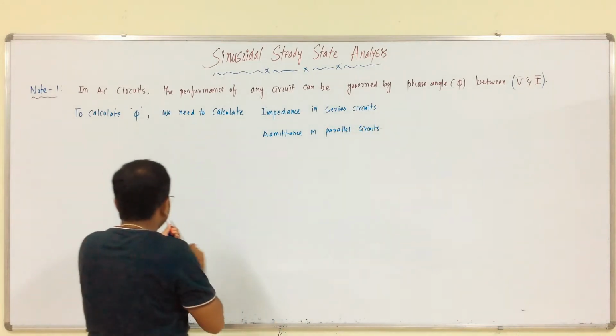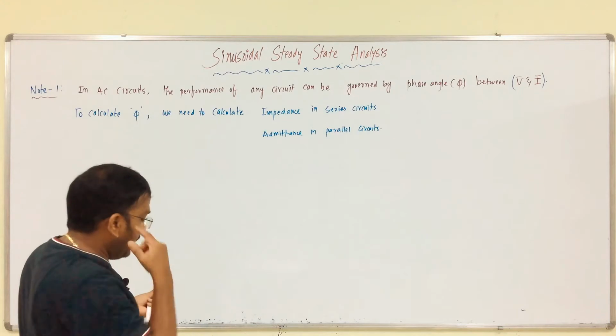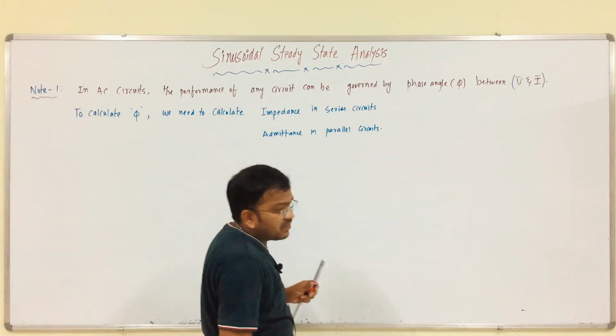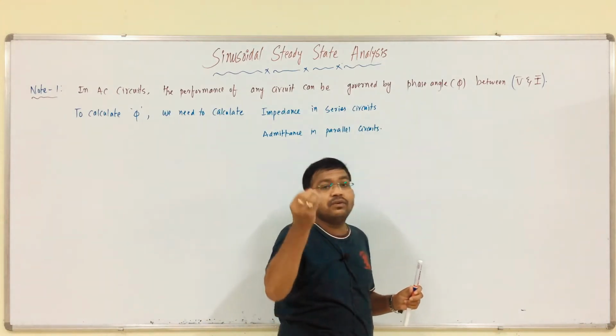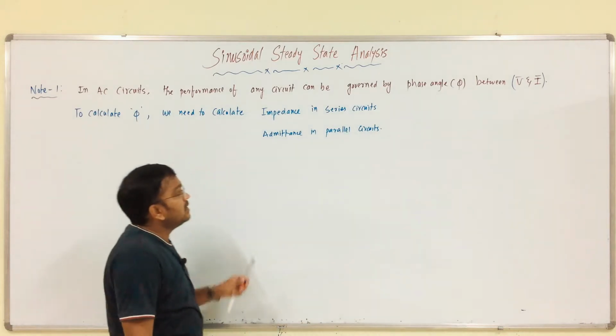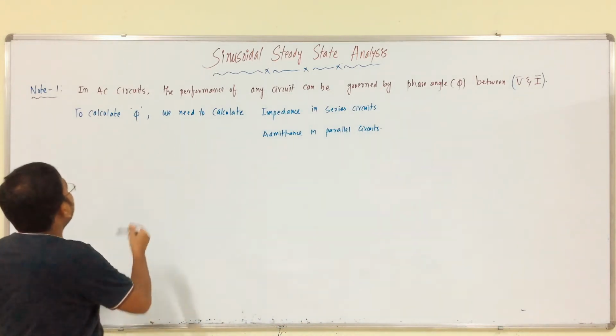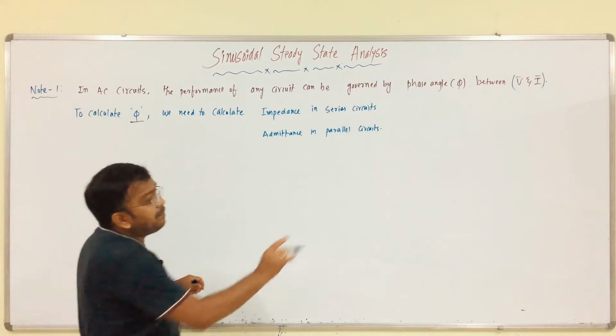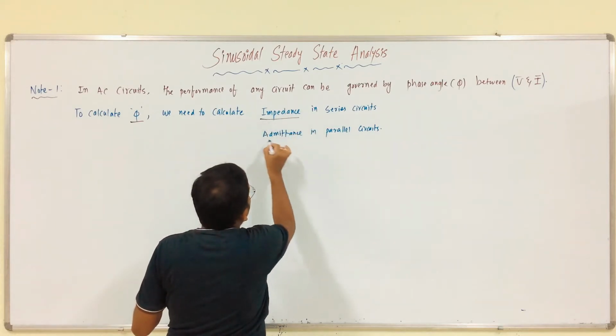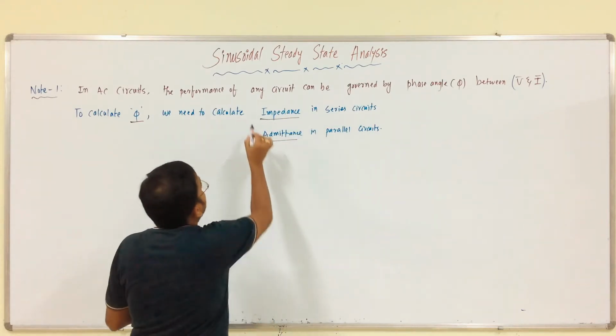That is it, right. So, in any circuit, the performance of the circuit can be governed by the phase angle between voltage and current phasors, right. So, to calculate that phase angle, we need to calculate the impedance in series circuits, like that, admittance in parallel circuits.